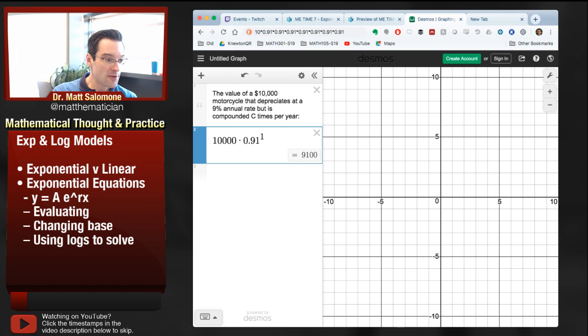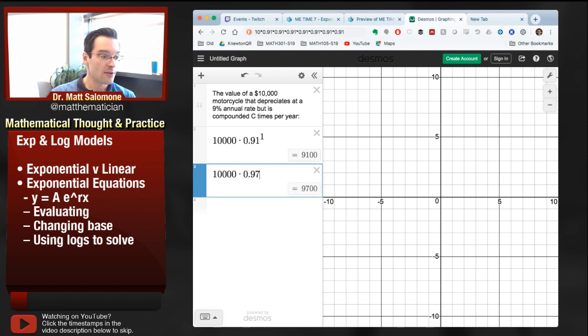So what's that going to look like? Well, instead of 0.91 to the first power, to lose 3% is to retain 97%. So I'll start by taking away 3% once, but then I have to do it 3 times. So when I lose 3% 3 consecutive times, the value now at the end of that is not $9,100, but $9,126.